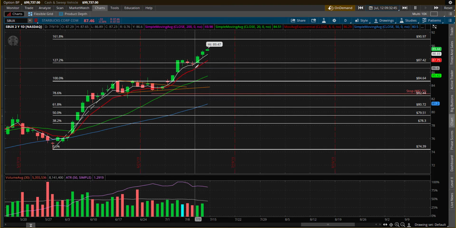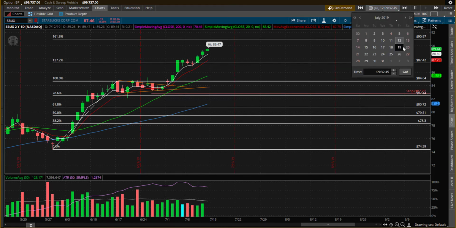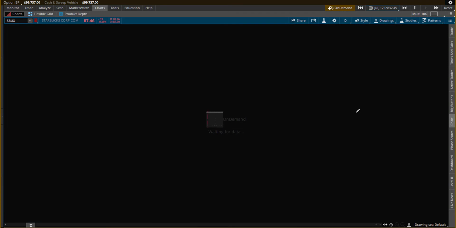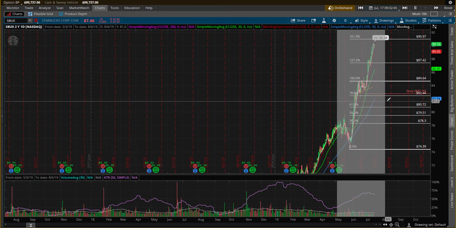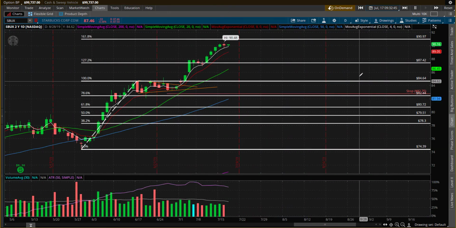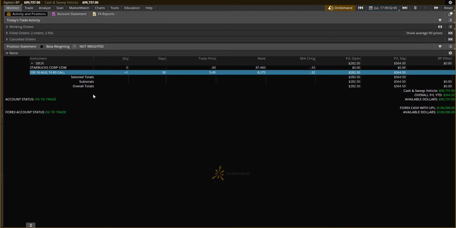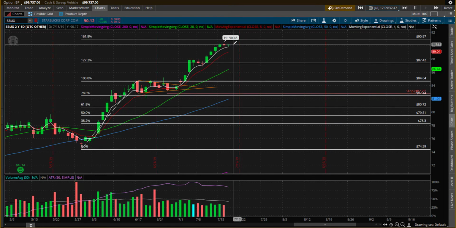We haven't hit this red line yet, the 8 EMA. Let's go to next Wednesday. And we want to watch out for that time decay. And let's see, what expiration do we have? We have August and we're in July. So we're still good as far as time goes.